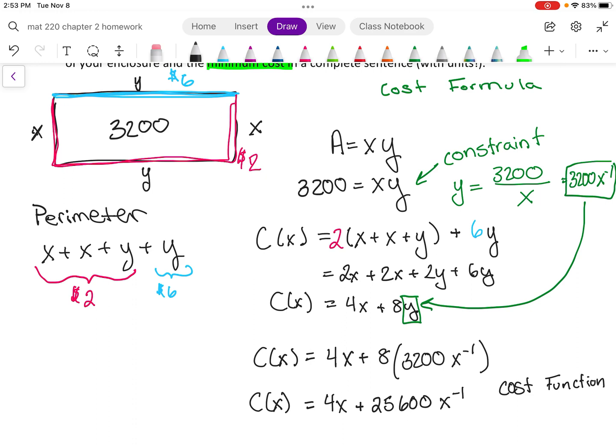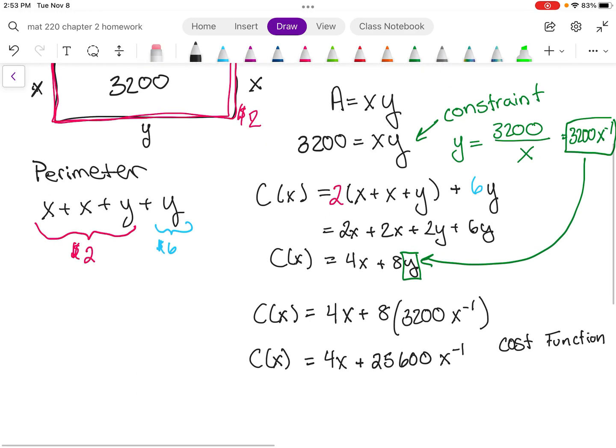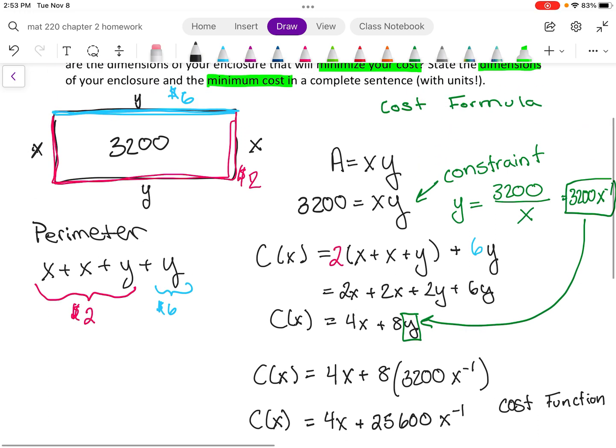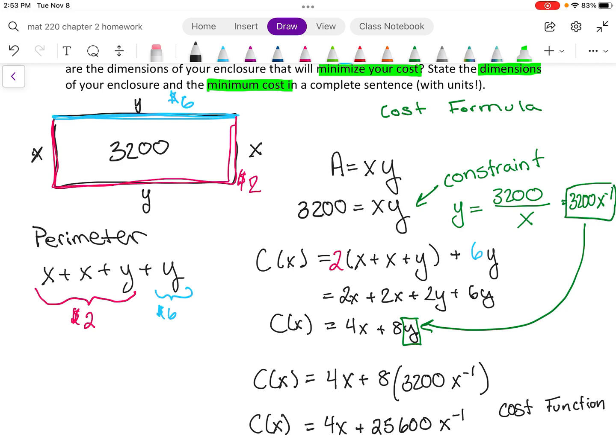But we're not done. We were asked to minimize. Well, minimums on functions occur when my derivative is equal to 0 or undefined. I actually know for sure this derivative is going to be undefined at 0 because x in the original function is undefined at 0. But x can't be 0 because if x was 0, my rectangular fence wouldn't exist.